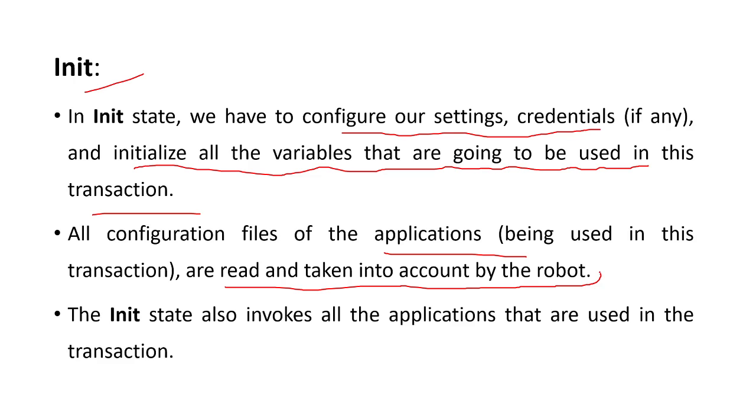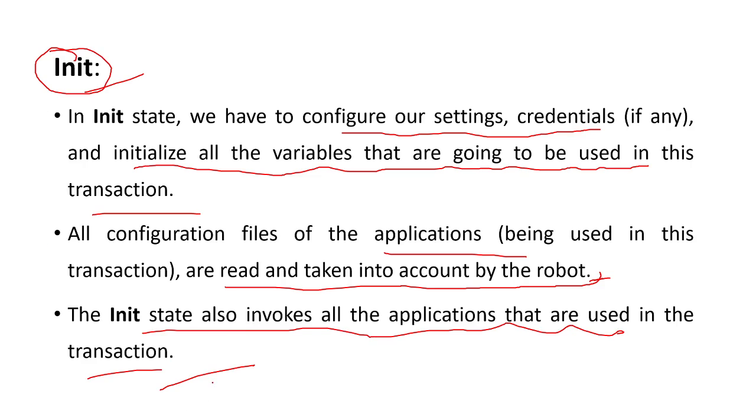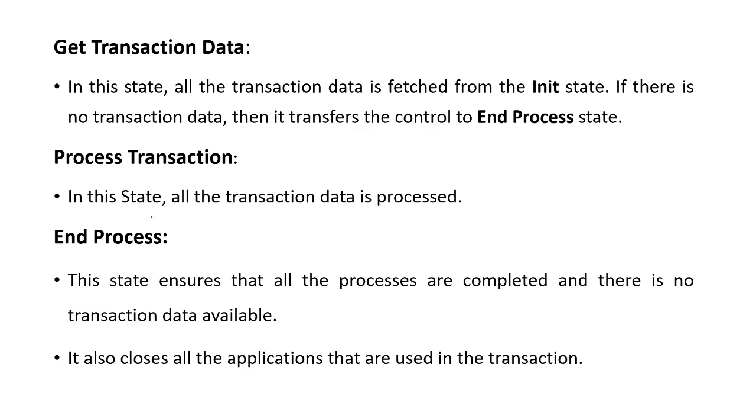Before using any object, you need to make sure that the object has been properly initialized. That's what it is telling even here. There is a state called init state, whose job is to initialize the robot with a proper state. The init state also invokes all the applications that are used in the transaction. It depends on the requirement, but the bottom line is that the job of init state is to initialize the robot with a proper state, similar to a constructor in Java.